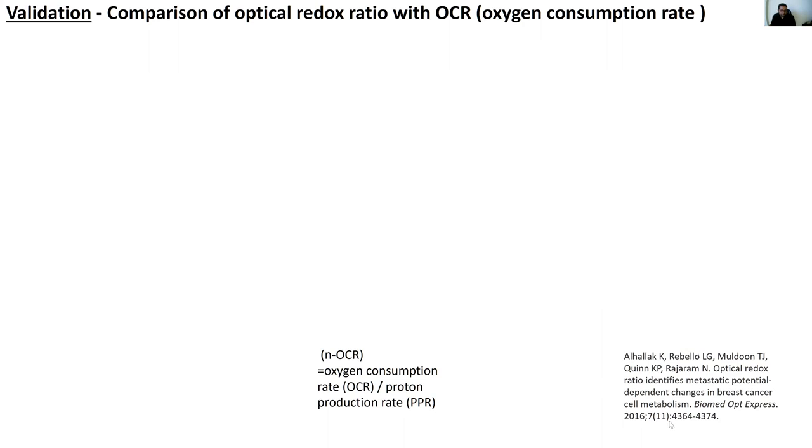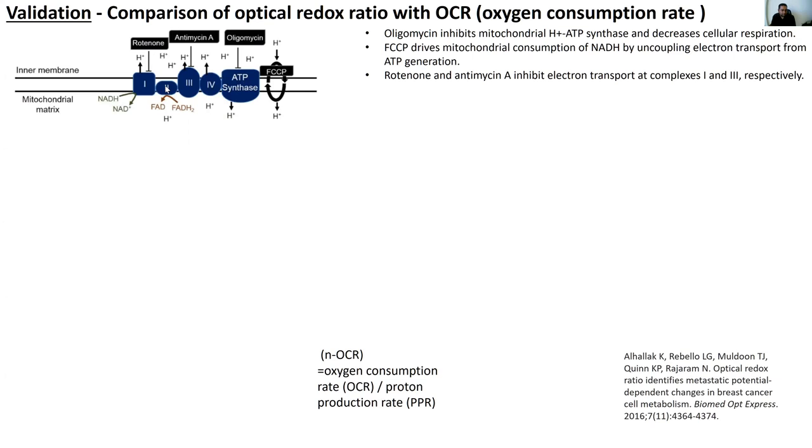Now, in this case, again, it's Nirmala Rajaram from the University of Wisconsin and her lab, and they have been looking at comparing it with OCR, the oxygen consumption rate, and proton production rate, again a method of looking at metabolism. What they did is they blocked the cycle of mitochondrial metabolism by different pathways.